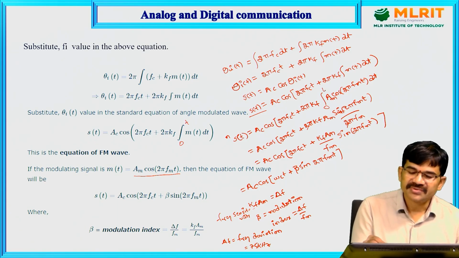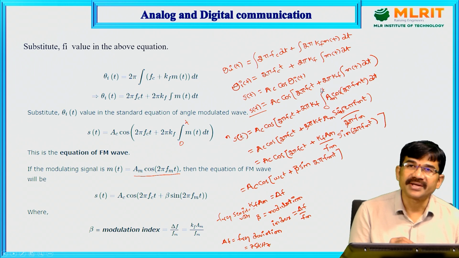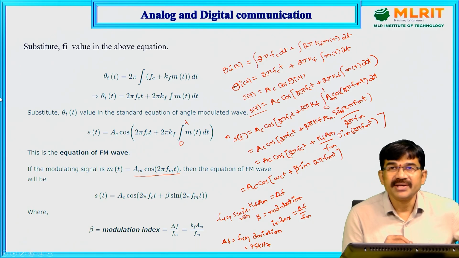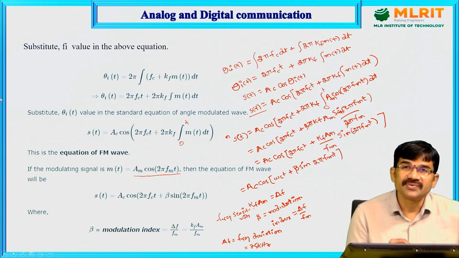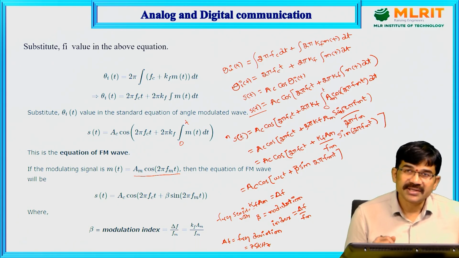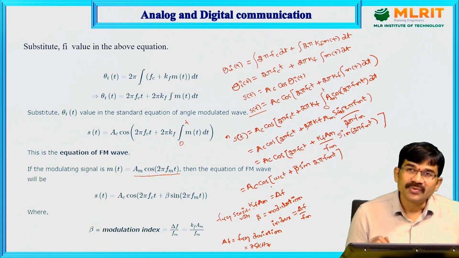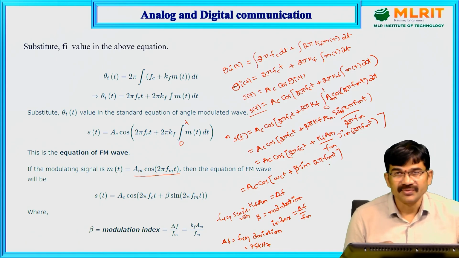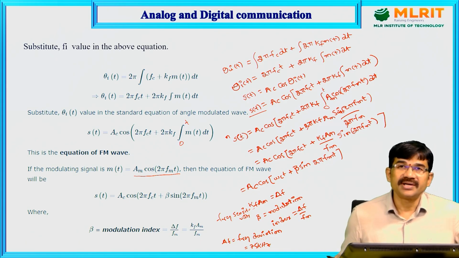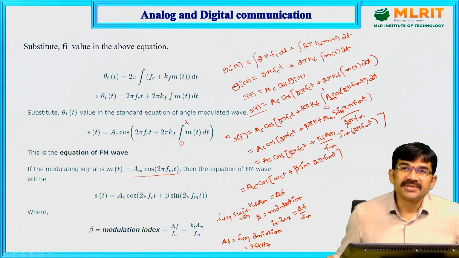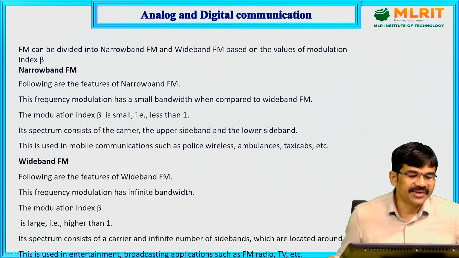The other way, if m of t is Am cos 2π fmt, is s of t equals Ac cos omega ct plus beta sin omega mt. This is the mathematical representation of the frequency modulated wave.